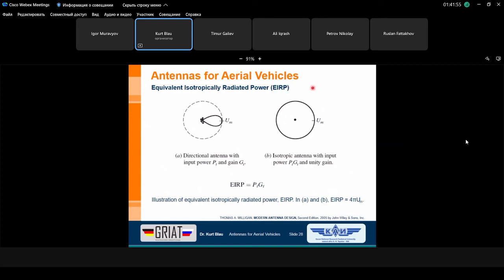What does it mean? Let's say I have a Wi-Fi output generator, or a PCB which delivers 100 milliwatt, meaning 20 dBm in log scale.